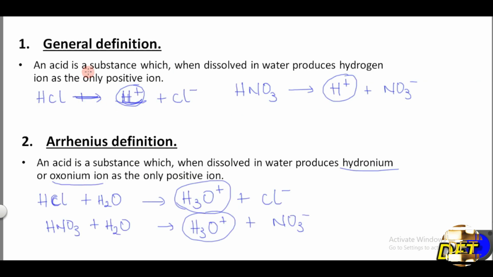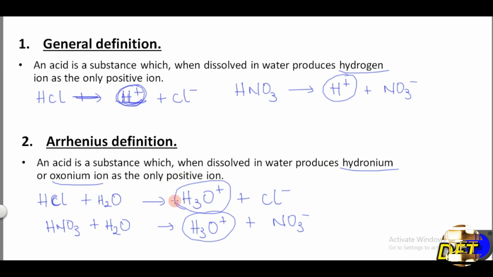Then we looked at the general definition of an acid, and we defined it as a substance which, when dissolved in water, produces hydrogen ion as the only positive ion. Then Arrhenius's definition defined it in terms of hydronium or oxonium ion, in which an acid is a substance which, when dissolved in water, produces hydronium or oxonium ion as the only positive ion.